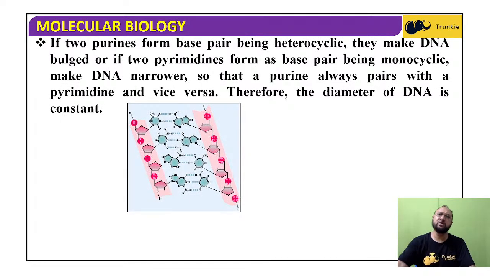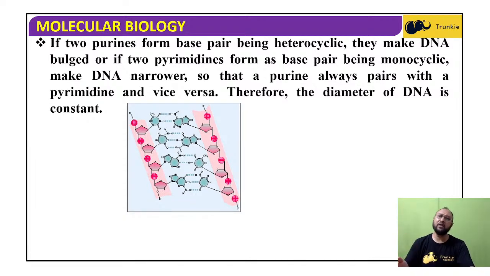If two purines form a base pair, being heterocyclic, they make the DNA bulged, or if two pyrimidines form a base pair, being monocyclic, they make the DNA narrower. So a purine always pairs with a pyrimidine and vice versa. Therefore, the diameter of DNA is constant. That is the reason.